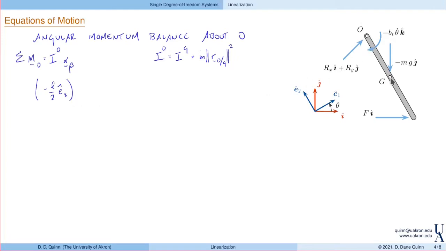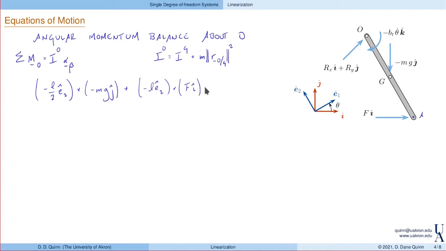So the position of G with respect to O is minus L over 2 E2 cross the force, minus mg in the J direction. Then, for the force at the end, we have minus L E2. Again, that's the position of this end point, say A, with respect to O, cross F in the I direction.